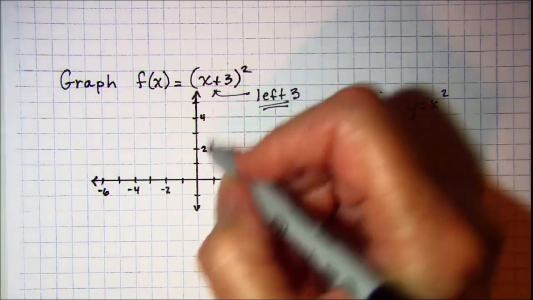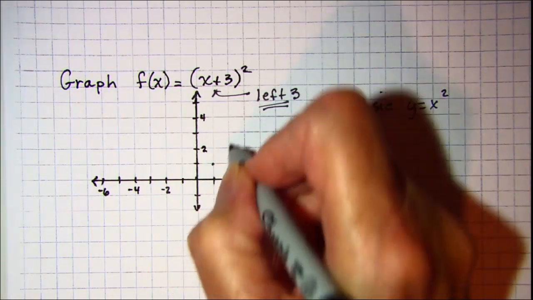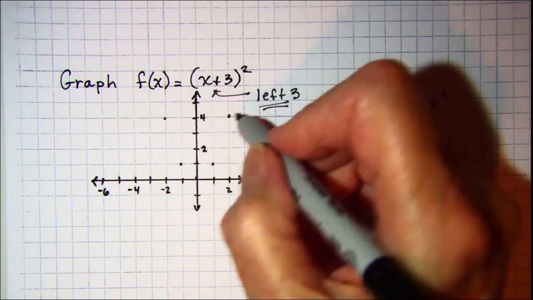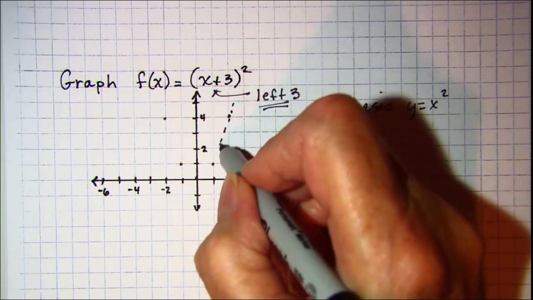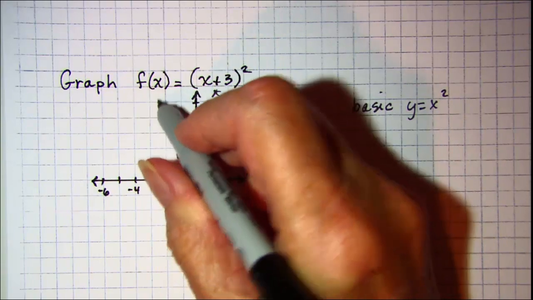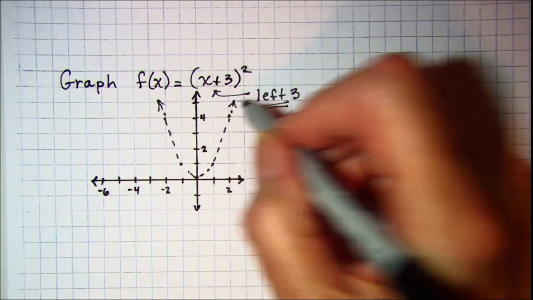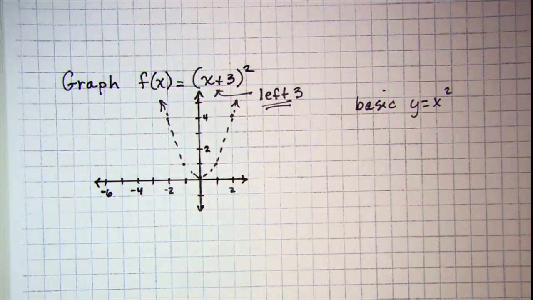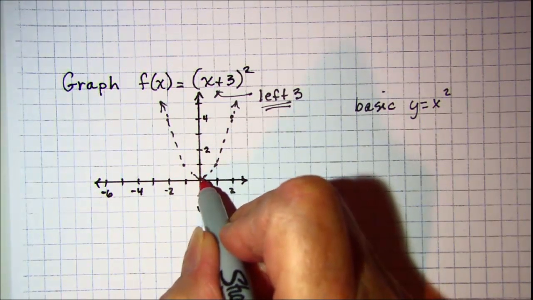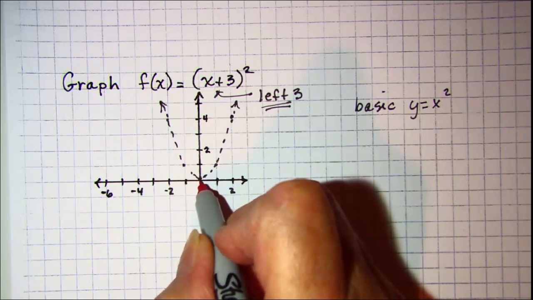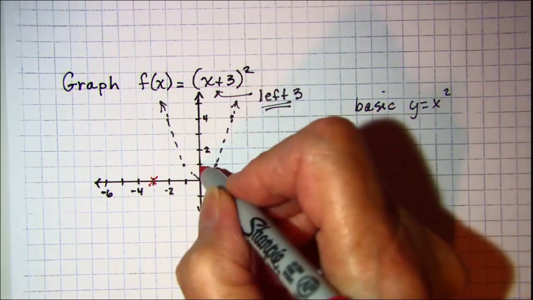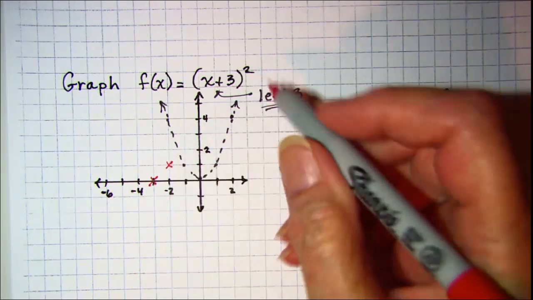Our basic graph again is y equal x squared. So let me draw that with a dotted line. And that's y equal x squared. Now we need to take each of our points from our basic graph and move it left 3. So our vertex is now going to be here. This point is now going to be here at negative 2.